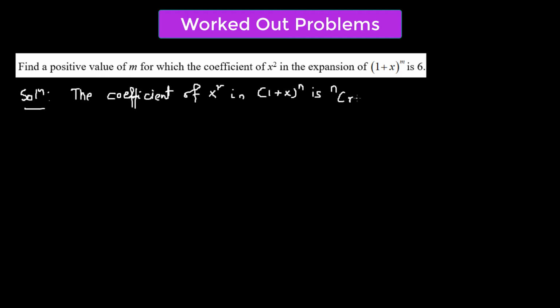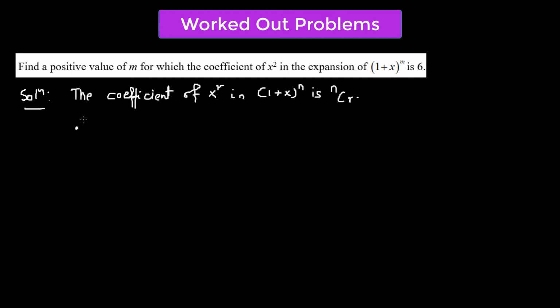In this question, we have to find a positive value of m such that the coefficient of x squared in the expansion of (1 + x)^m is 6. So we know that the coefficient of x^r in (1 + x)^n is given by nCr.